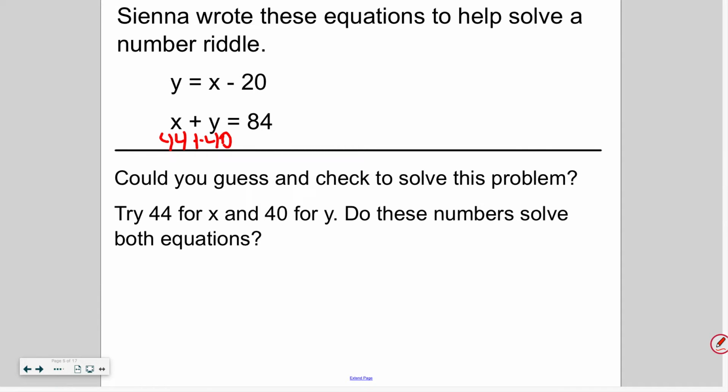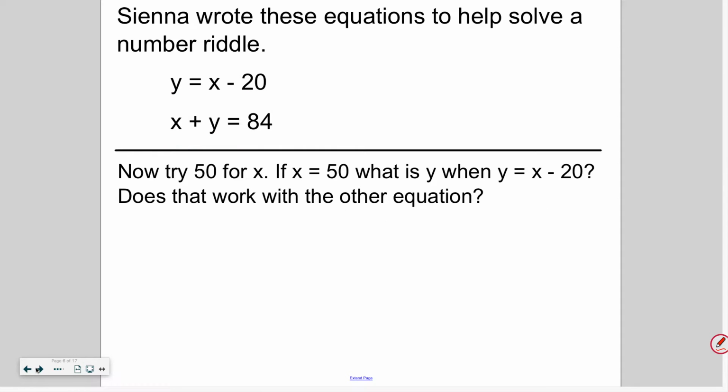No. Why not? Because 44 minus 20 is not 40. That's a great way to say it. If I substitute in 44 for x, 44 minus 20 does not equal 40. So is this a solution for the system? No.